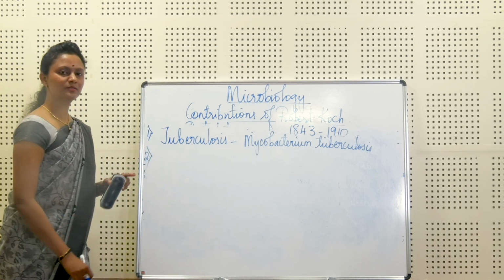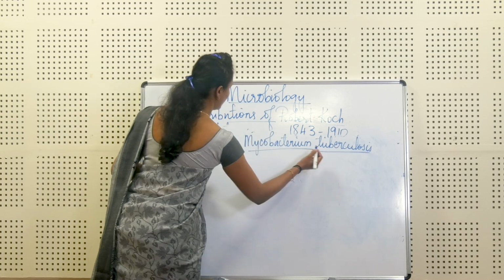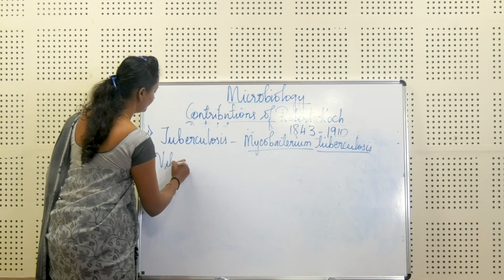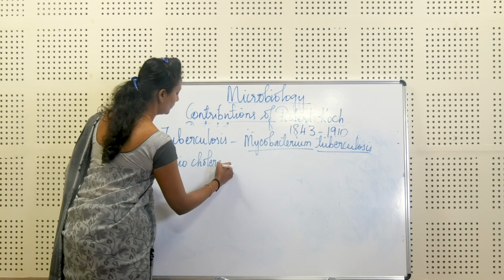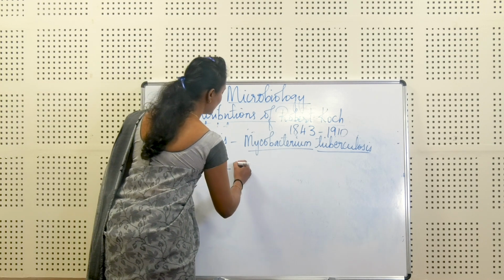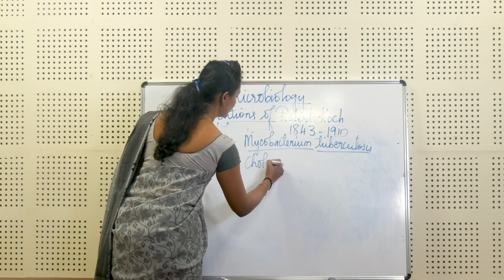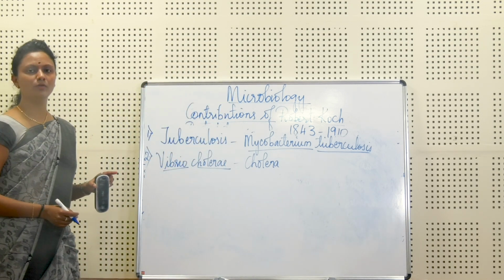He was also the first person to discover Vibrio cholerae, a comma-shaped bacteria, and it is the causal organism of cholera.